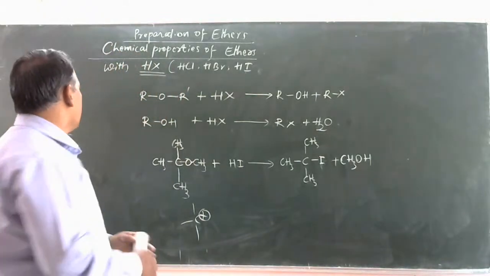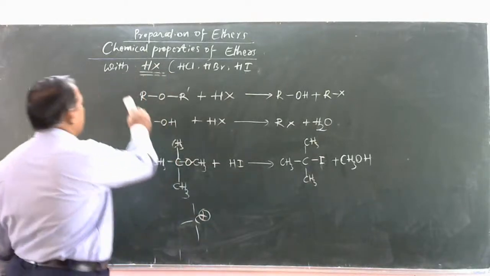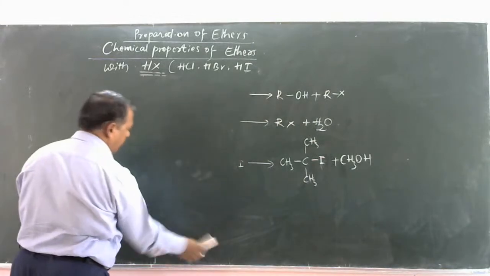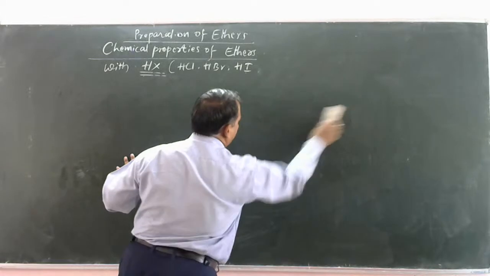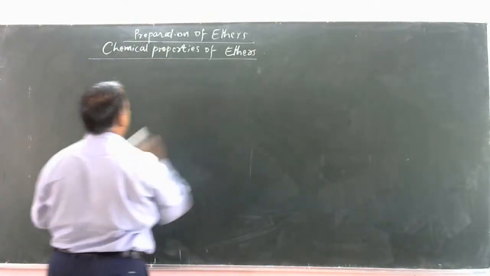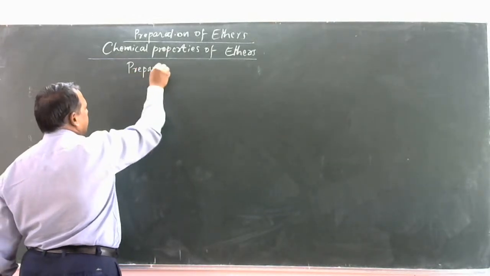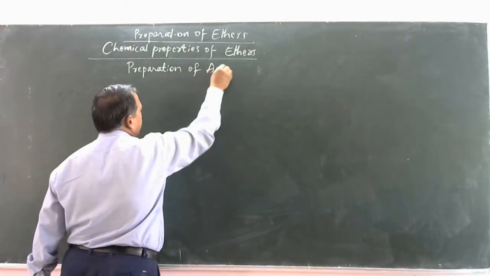This is nothing but the reaction with HX, and we shall study how to prepare anisole, preparation of anisole and chemical reactions of anisole, which contains a benzene ring. So this is preparation of anisole.